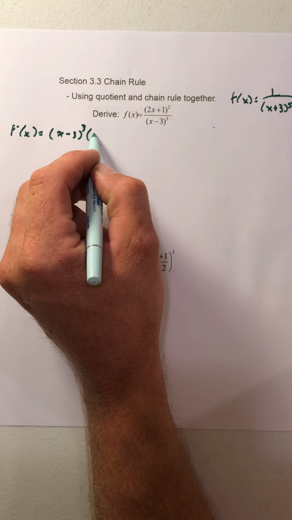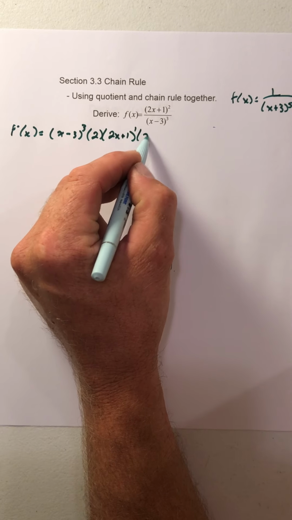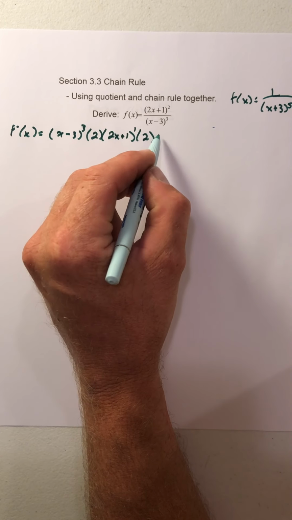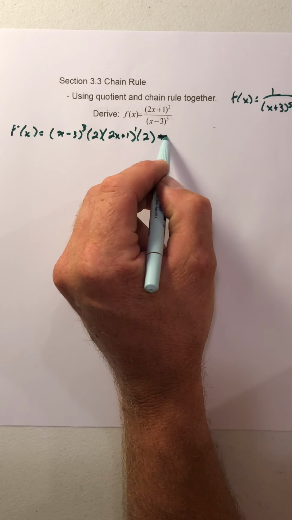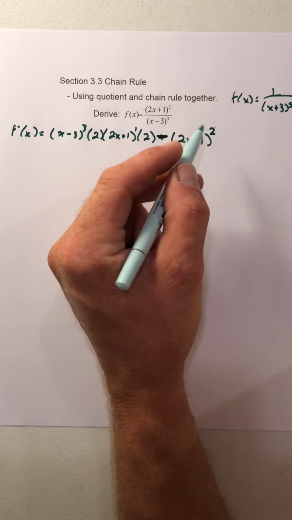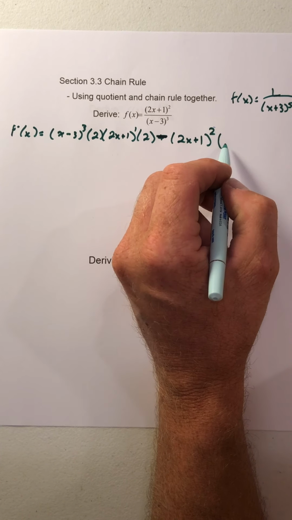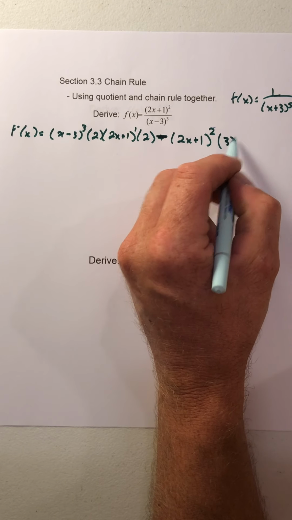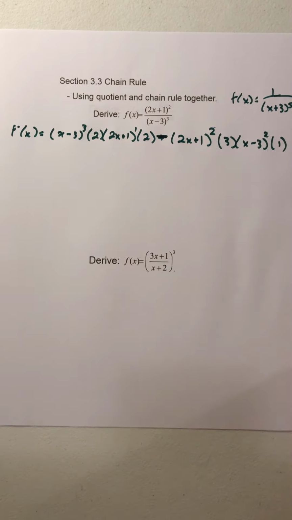Derivative of the top, we have our 2. We have our 2x plus 1 to the first. And then derivative of the inside, all important, that 2, minus high, 2x plus 1 to the second. And then derivative of the denominator, or d low. So we have our 3, x minus 3 to the second times 1.